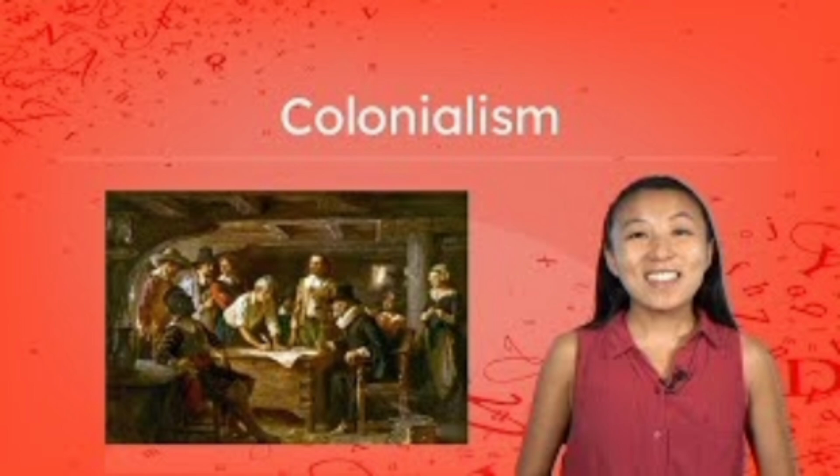Colonialism is the policy or practice of a powerful country establishing settlements in other regions and governing them. The main aim was often economic gain, political power, and expansion of influence.